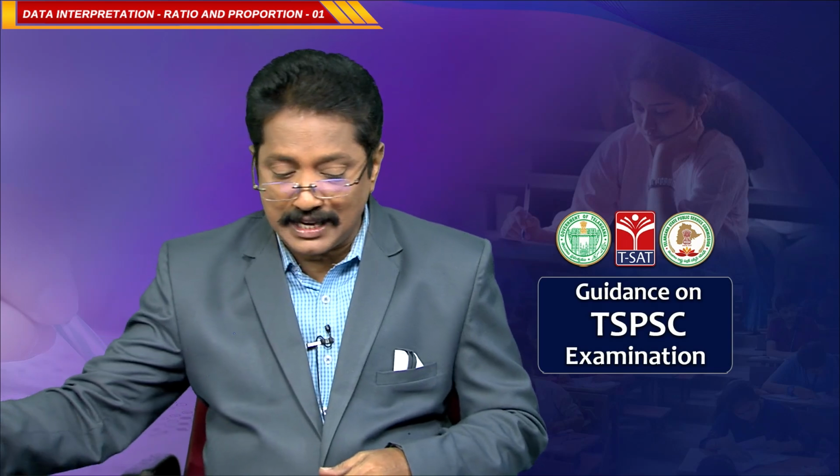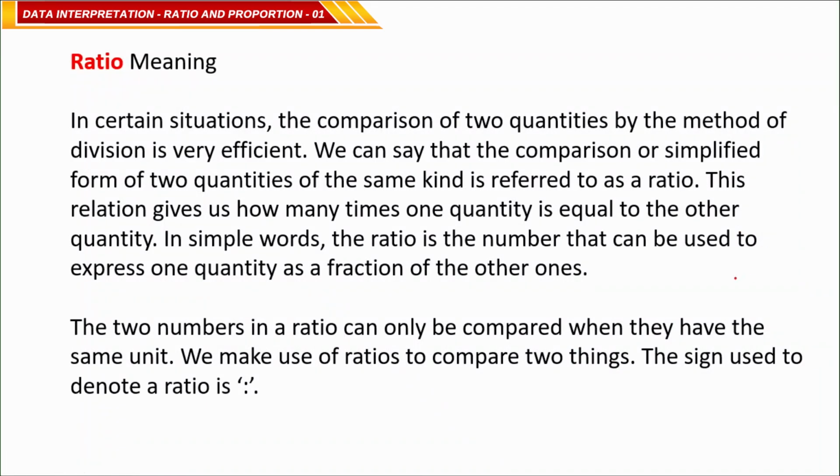This is very important: in certain conditions we have to compare quantities by division. We call it simply a ratio, and we say A is to B. It means A by B. We write it in different formats, but the most frequently used is the "is to" symbol, which represents the ratio.